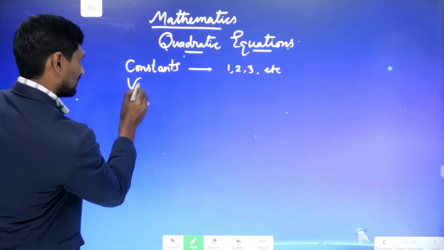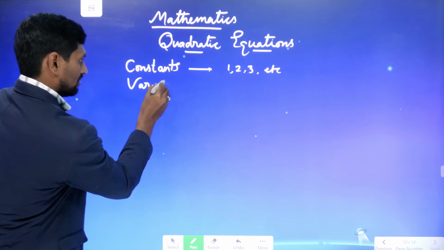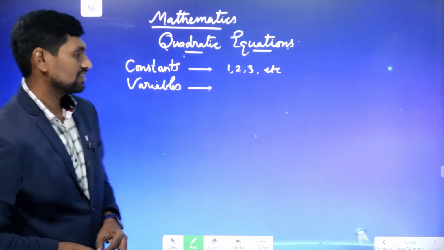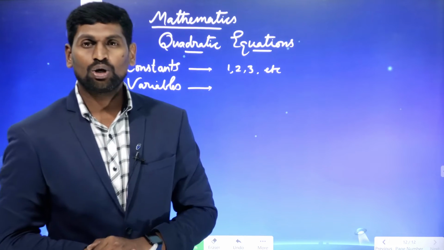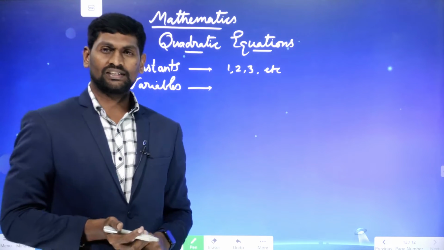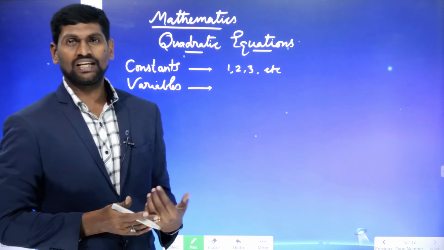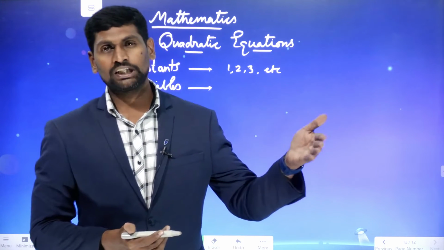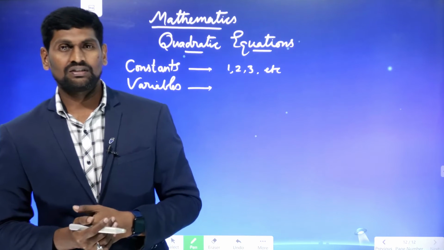Variables. Variables are nothing but letters. They are not fixed values. There is a variation in their values, like the temperature of a day. While you are observing from morning to midnight, there are different temperatures we have.